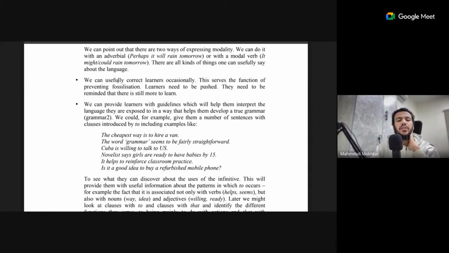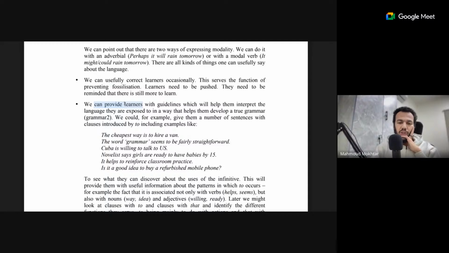Second, we can usefully correct learners occasionally. This serves the function of preventing fossilization. Learners need to be pushed. They need to be reminded that there is still more to learn.